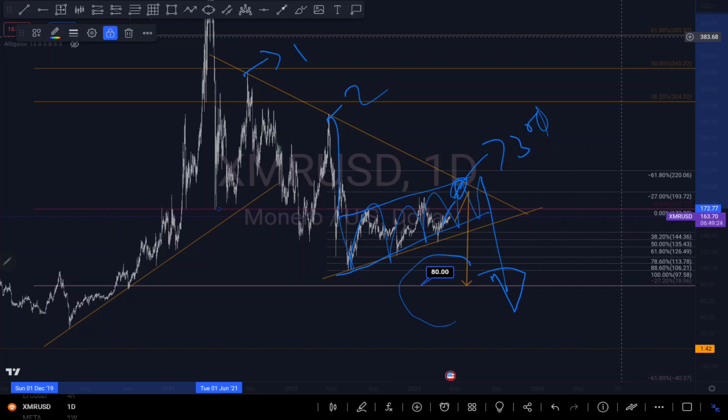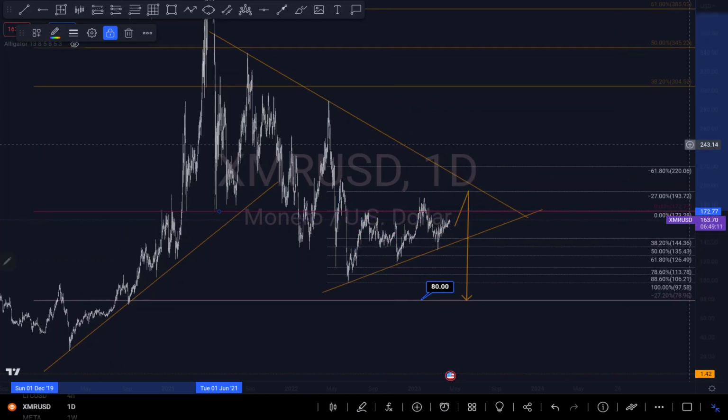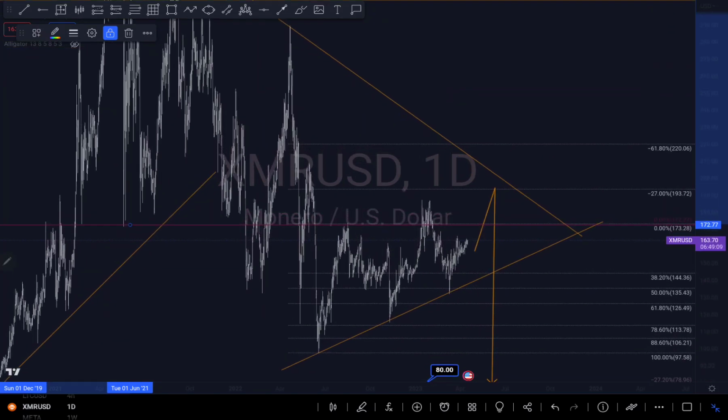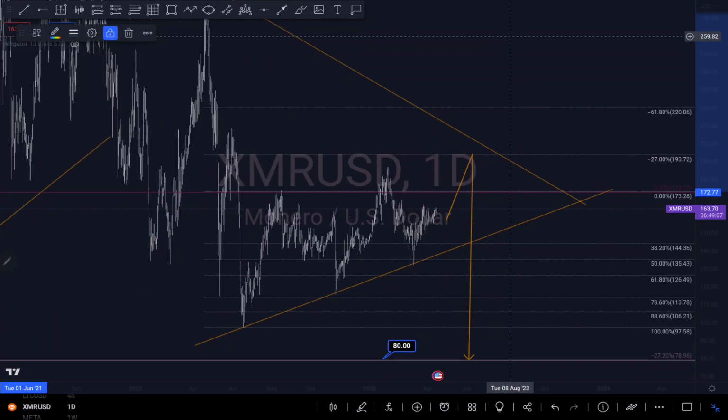So I'm still expecting Monero to at least get to 80 as of right now. As long as we don't break the structure, retest and move to the upside, we are still on a downtrend. So that is just my overall picture on Monero, on what I think might happen. We can see the last time I analyzed it was around this level.